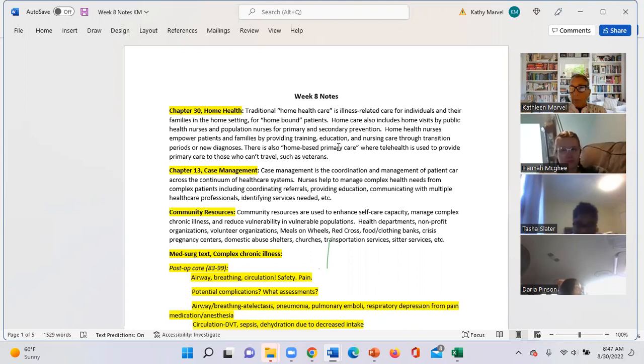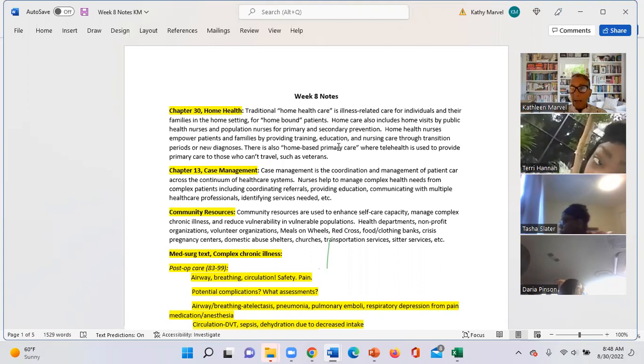Okay. A lot of big facilities have a case management team that works on all those things, right? But a case manager is the coordinator of care. If somebody's being discharged to a nursing home or being discharged home, what services do they need? Do they need oxygen? Do they need medical equipment? Do they need PT? Do they need OT?